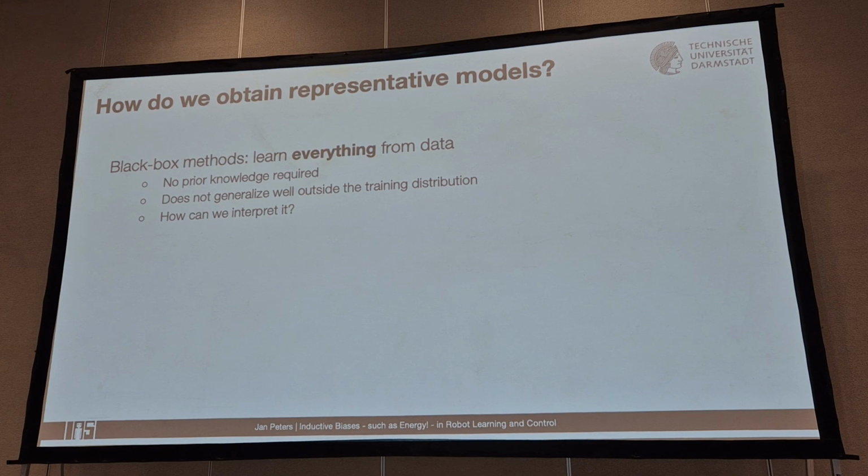The earliest reference I could find to learning everything with a black box method from data was in the 1960s, where people learned a single degree of freedom system and learned a model of that. Well, big surprise, people are still doing that.